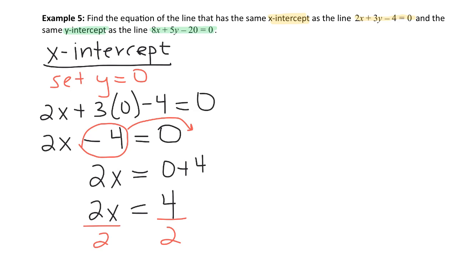Now, there are two ways that you could come up with a y-intercept. We could try to follow the same method that we just did, except when you are solving for a y-intercept, you are going to set x equal to 0. The other thing that you could also do is just take the equation that you were given, and notice, first of all, that it is not in proper format.